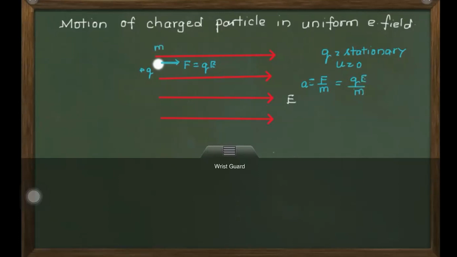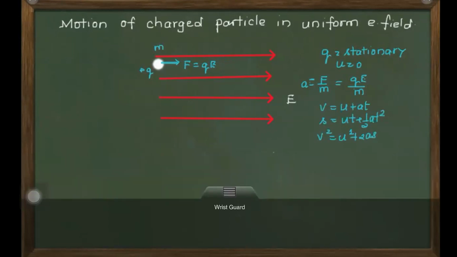And then we can have V is equal to U plus AT. We can calculate S is equal to UT plus half AT square. And we can have V square is equal to U square plus 2AS. So we can find out using these equations.